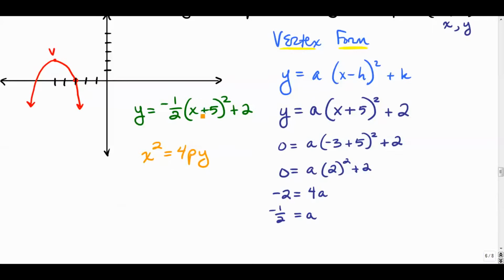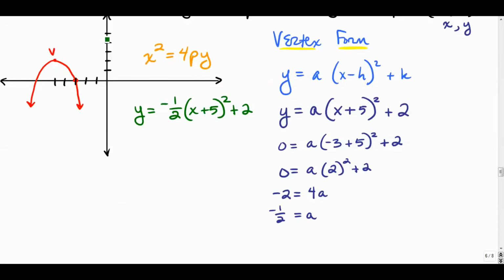So let's try to get the x squared term by itself. Let's take the +2 and bring it over here.